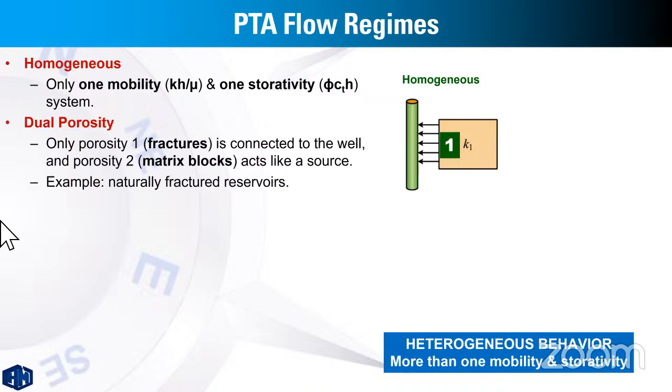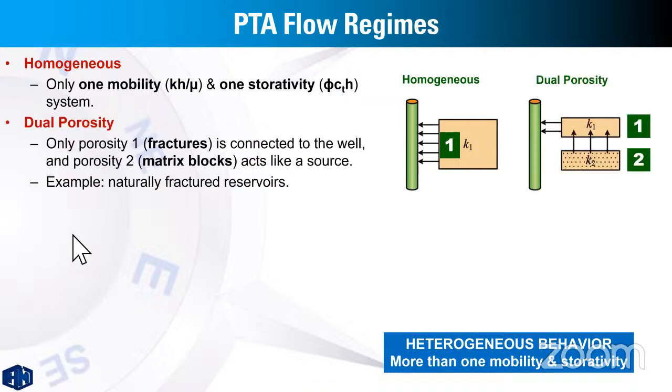But if you have a dual porosity system, in that case, we have two elements: matrix blocks and fractures. The assumption is the fracture network is only connected to the wells, with no direct communication between the matrix blocks and wells.